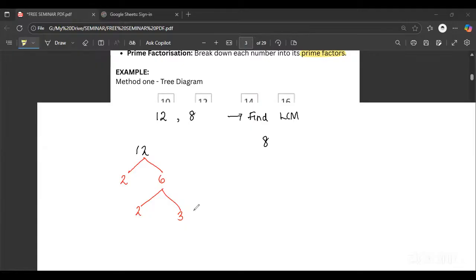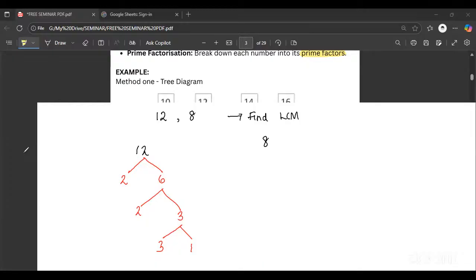Can you divide 3 by 2? No. But we can divide 3 by 3, and 3 divided by 3 is 1. You have to keep on dividing till you get a 1.